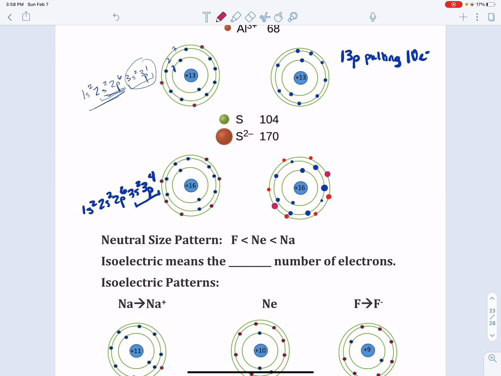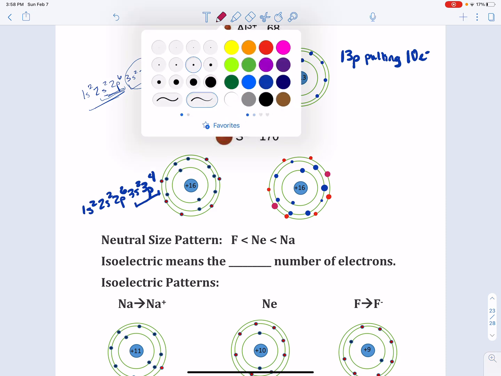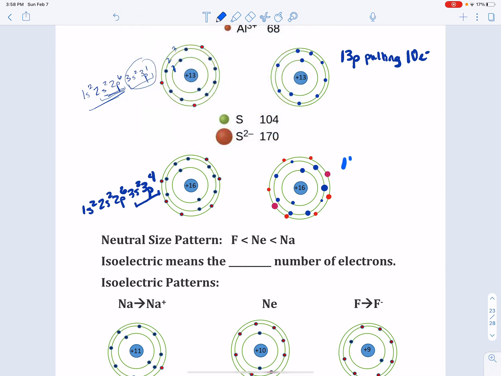So now what we have are 16 protons pulling on 18 electrons. So hopefully what you can see is that this nucleus has a lot more pull on those electrons. Even taking into consideration these, which are the core, we still have 10 protons pulling on 8 electrons.